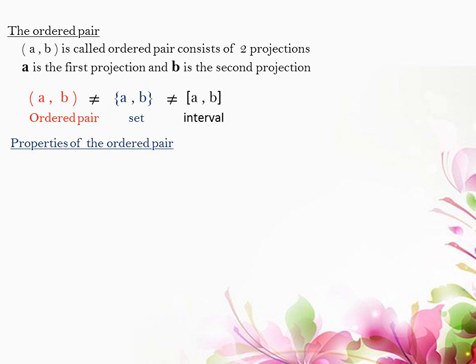Properties of the ordered pair. Number one: in a set we can't repeat the elements, but in the ordered pair we can repeat the values or the projections, like (3, 3) or (2, 2).